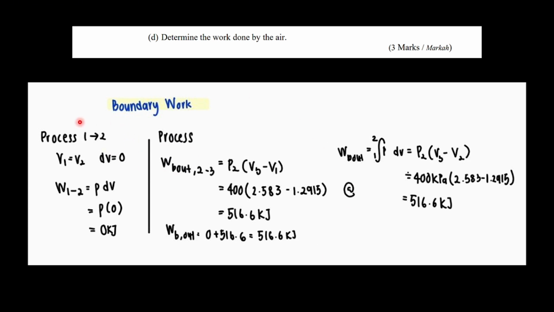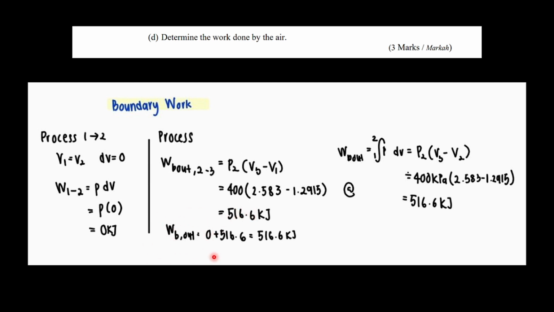For the boundary work in process 1 to 2, V1 and V2 are the same, so there is no difference in volume. The boundary work from 1 to 2 is 0 kilojoule. For process 2 to 3, the volume is different, so we have 400 times 2.583 minus 1.295, and we get 516.6 kilojoule.